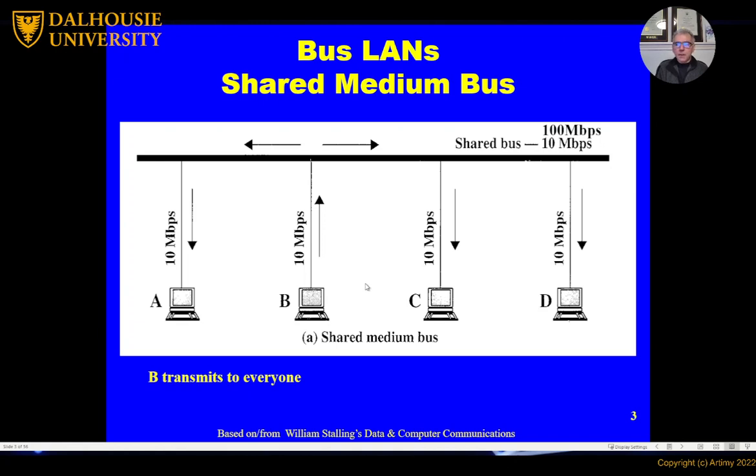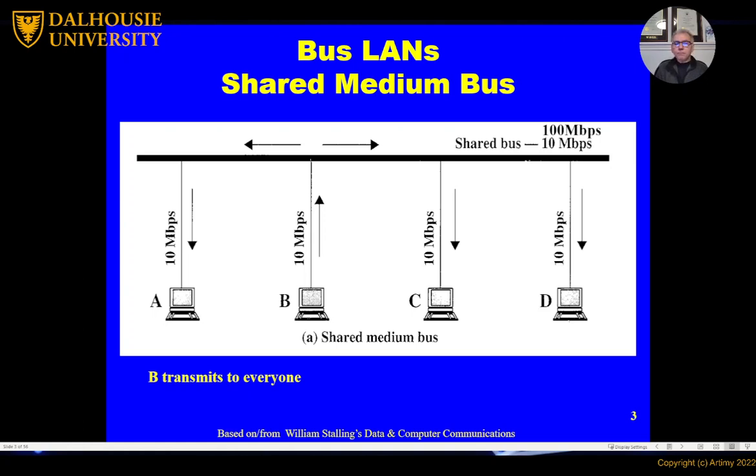But that raises a couple of problems. The first problem is, what if two nodes try to send the data at the same time, right? That's impossible. The two signals will corrupt each other, and nobody will hear anything.